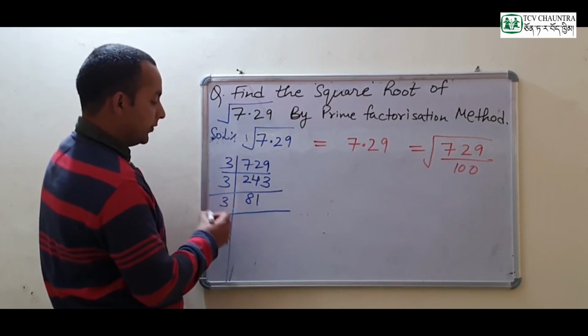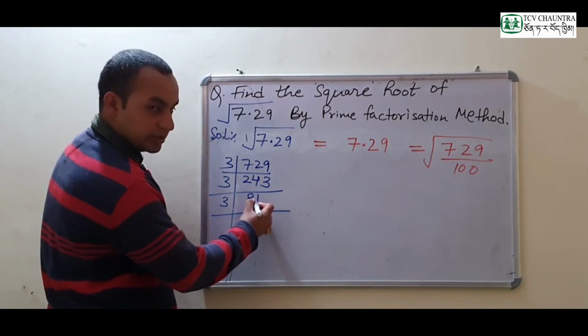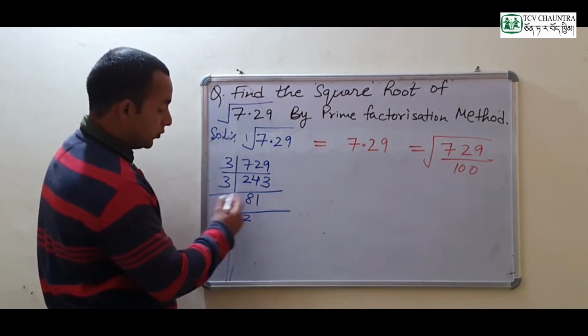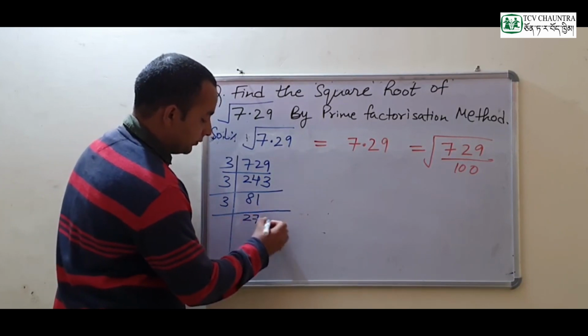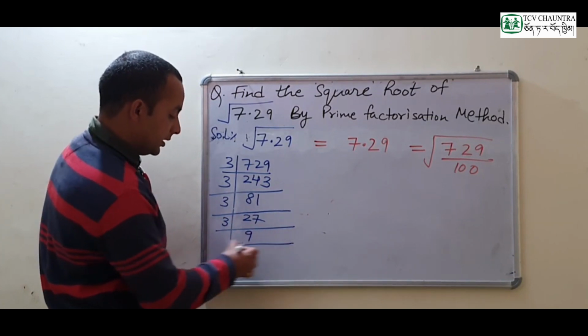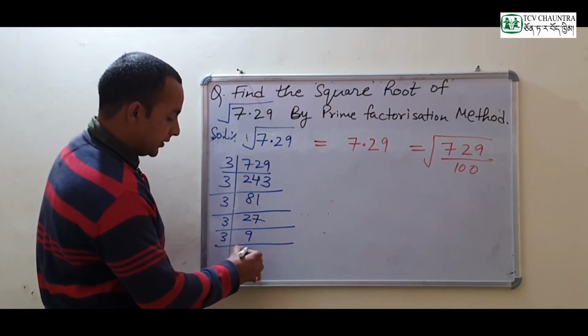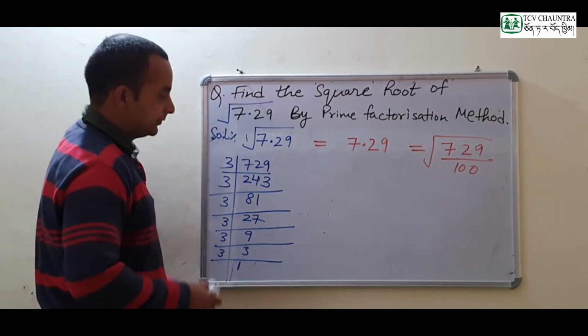Again with 3, 3 9s are 27. Again with 3, 3 3s are 9 and then 3 1s are 3.